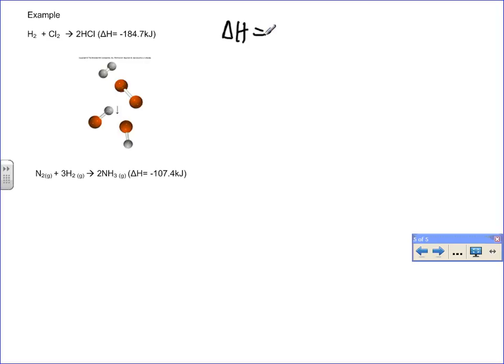So the delta H is going to be the energy of the bonds broken minus the energy of the bonds formed.